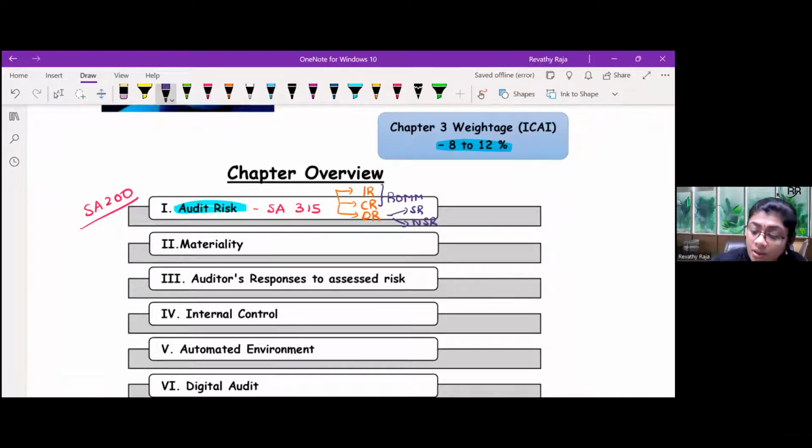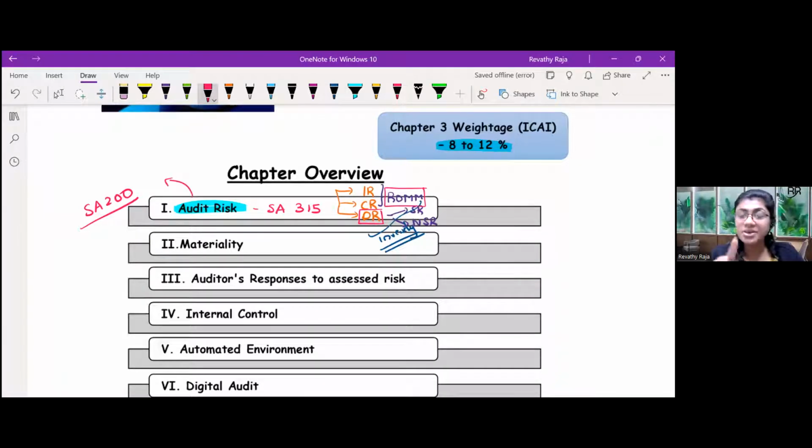Now, what relationship is there between risk of material misstatement and detection risk? These two are inversely related. Now, what is audit risk?